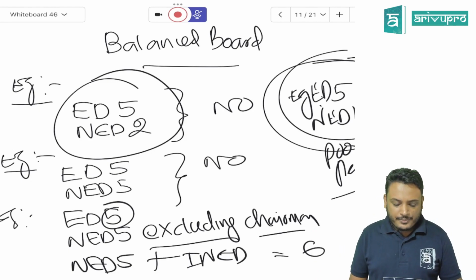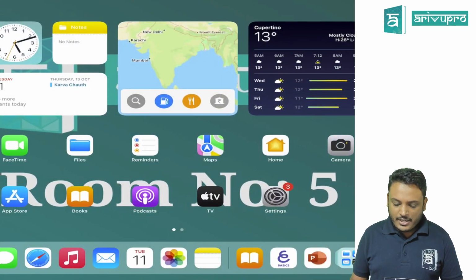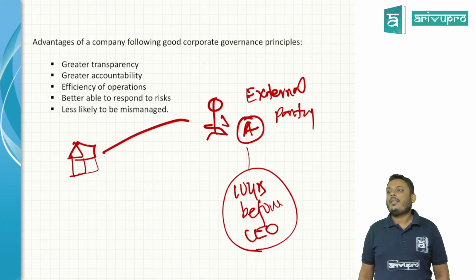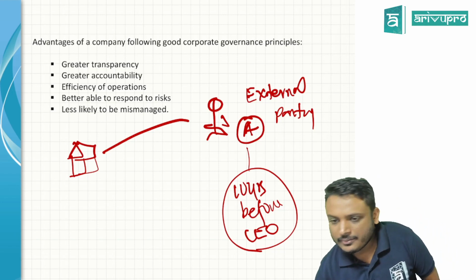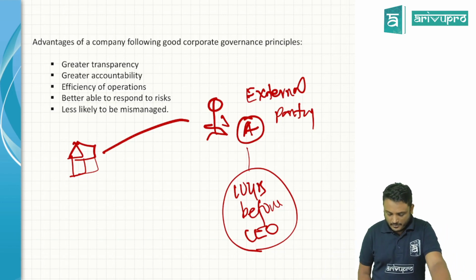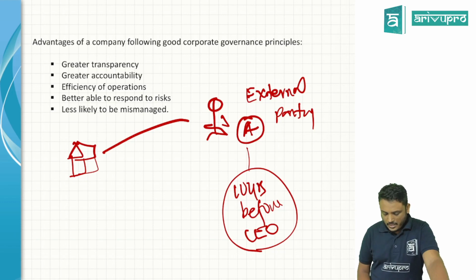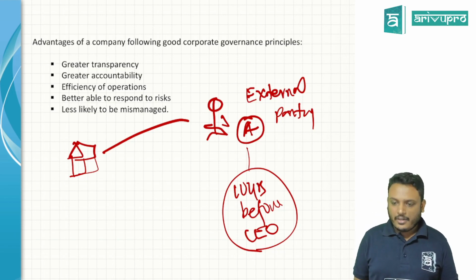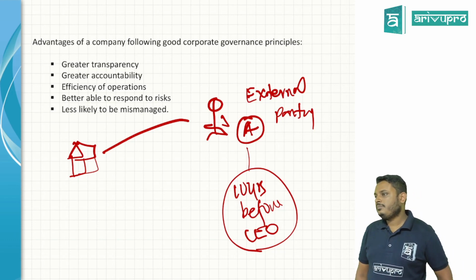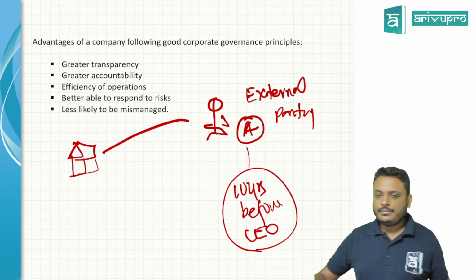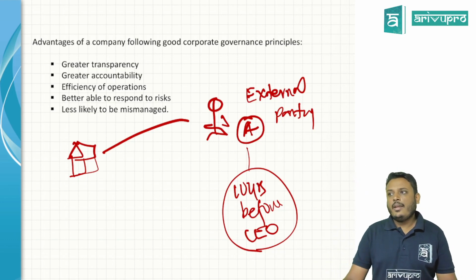Balanced board is the same amount of executives and non-executives, excluding the chairman.